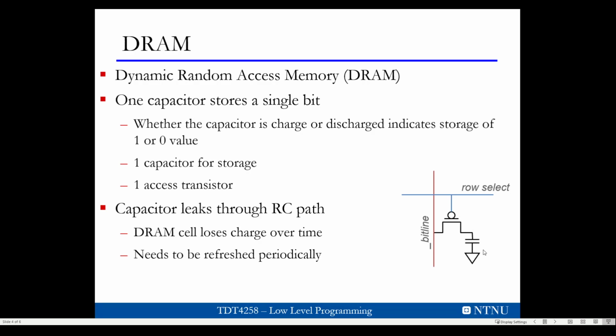If it is 0, we don't need to do anything. But if it is a 1, that means there is some charge in the capacitor, and we need to put in more charge to make it full. So the charge keeps on decreasing over time. After a particular interval, we go back and fill the capacitor again with charge so that it retains its value for a longer duration.